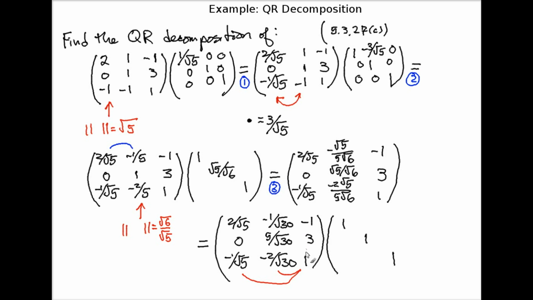You get minus 2 over radical 5 minus 1 over radical 5, which is minus 3 over radical 5. And what that says is you should put a plus 3 over radical 5 here. And similarly, when you calculate the other inner product, it turns out to be 14 over radical 30. So that says that you put in a minus 14 over radical 30 here, and that's the next step.